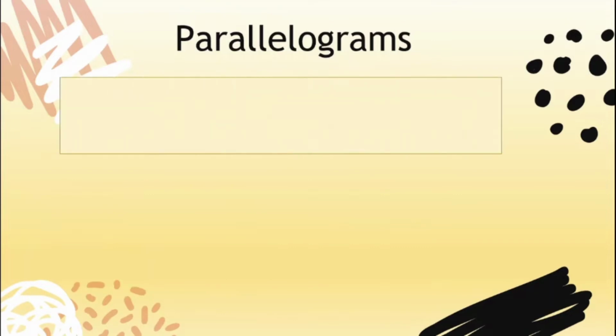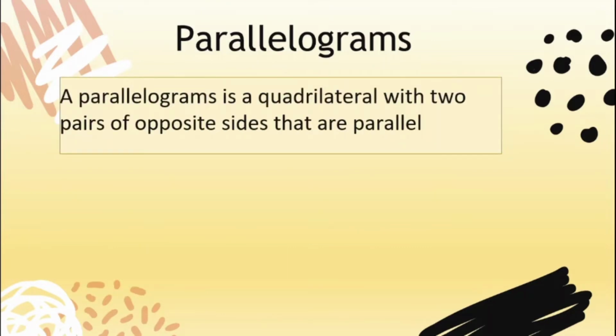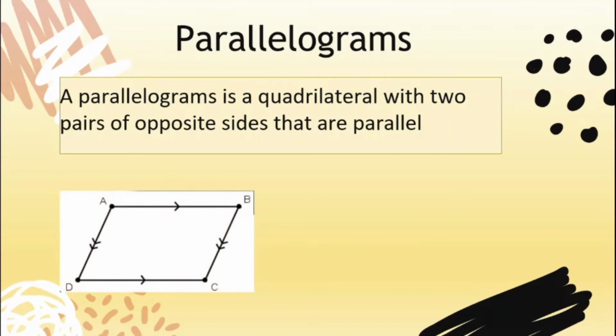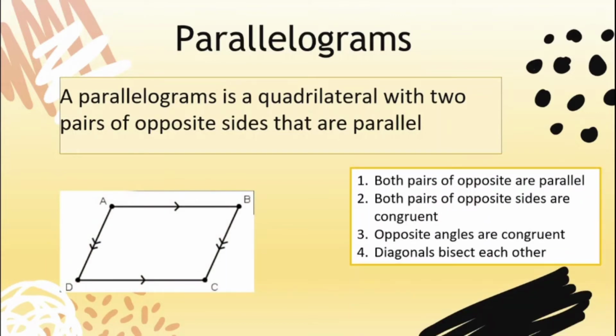Parallelograms. A parallelogram is a quadrilateral with two pairs of opposite sides that are parallel. From the definition and the pictures, we get these points. Both pairs of opposite sides are parallel.